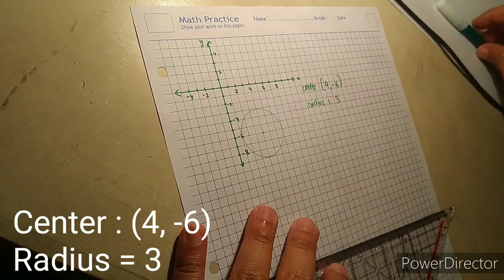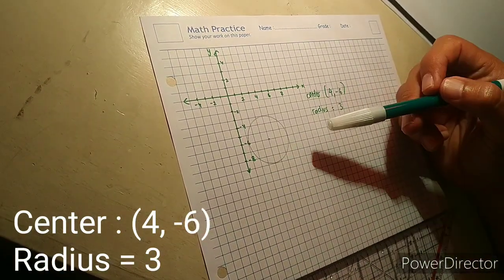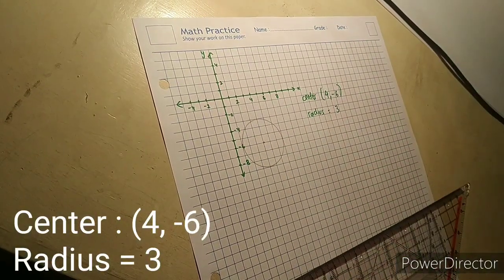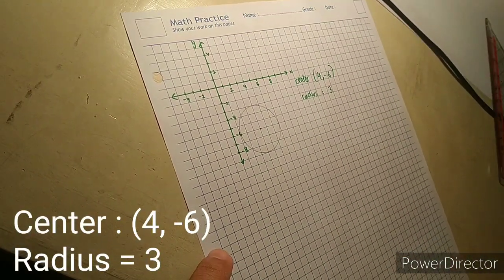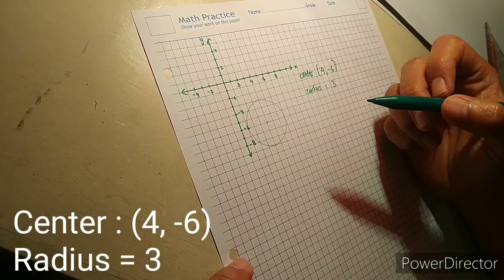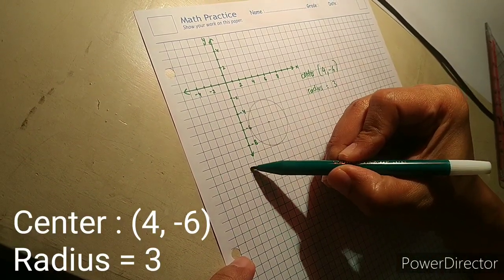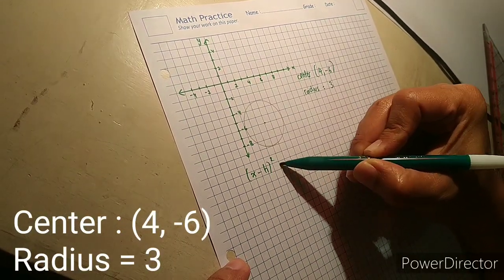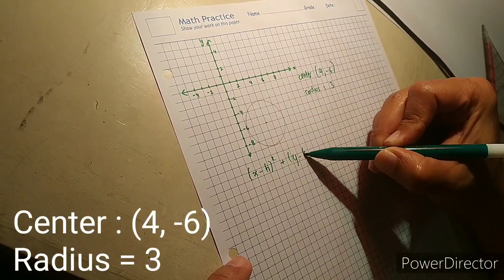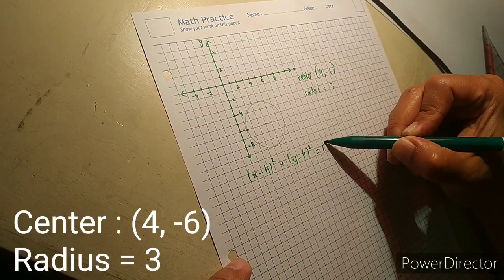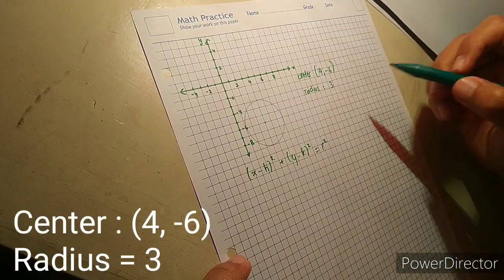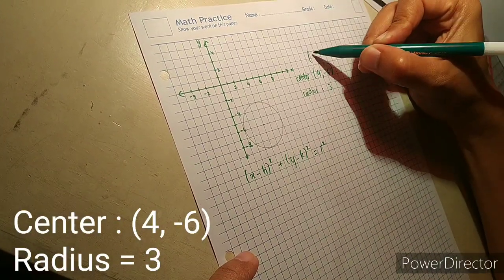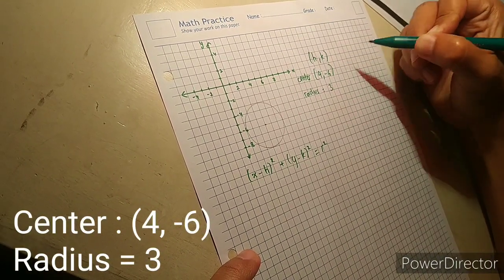Now, the next question is, what is the equation of the circle? So let's just put this into our general form of a circle. We know that the general form of a circle is (x - h)² + (y - k)² = r². And we know that the center is (h, k).